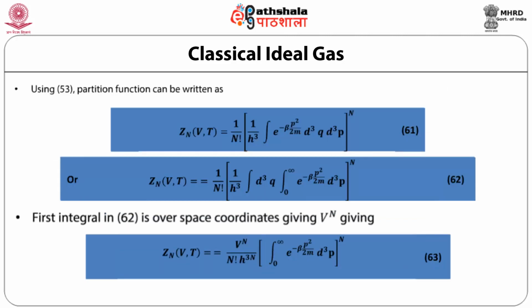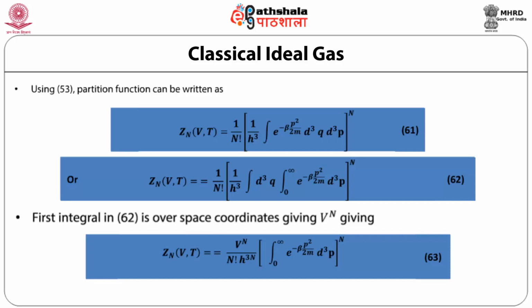Using 53, the partition function can be further written as 1 upon n factorial, square bracket begins, 1 upon h cube integral of e raised to power minus beta p square by 2m d^3q d^3p, square bracket closed raised to power n, or the partition function is equal to 1 upon n factorial, square bracket begins, 1 upon h cube integral over d^3q multiplied by integral from 0 to infinity of e raised to power minus beta p square by 2m d^3p, square bracket closed raised to power n.